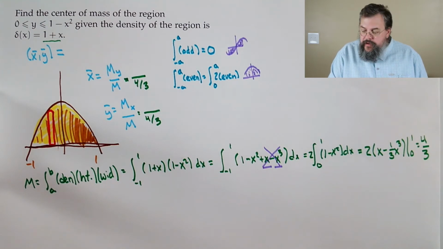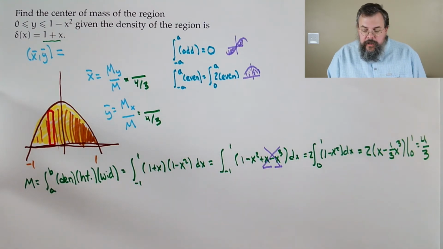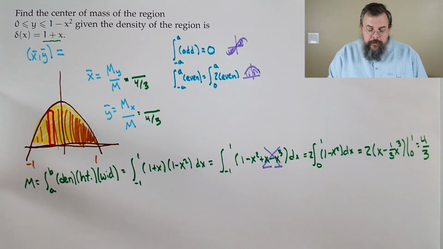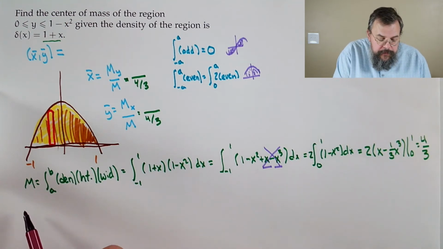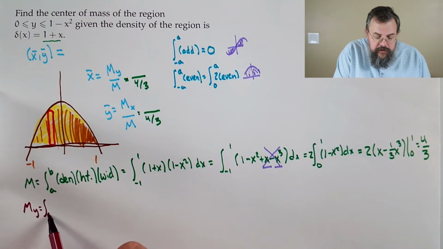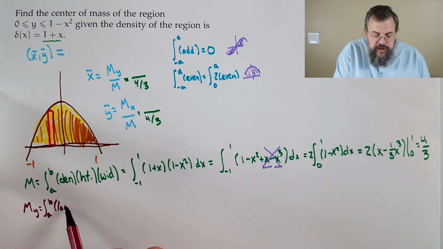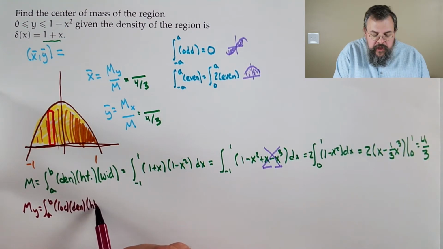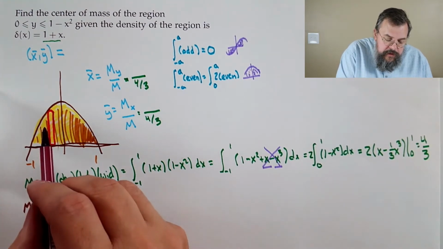So, well, let's go to our m sub y. When we're looking for m sub y, it's a moment, and it's very similar. We just have an extra piece, its location. But everything else stays the same. For m sub y, how do we think of that?